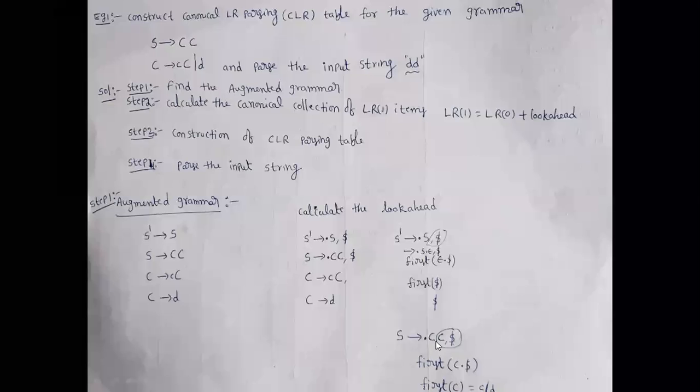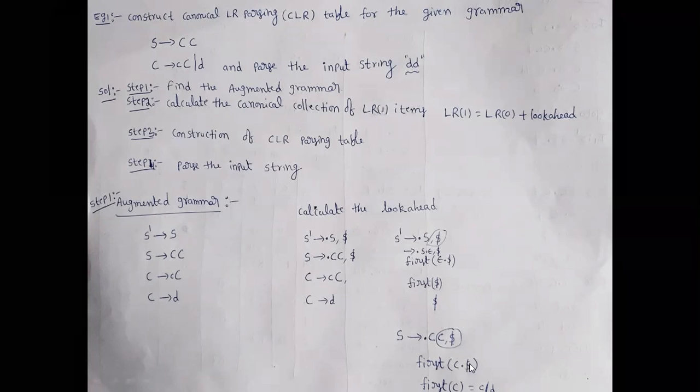So we have to find the first of this one. First of C into dollar means C dollar. So if we take first of C dollar, it is enough to calculate first of C.